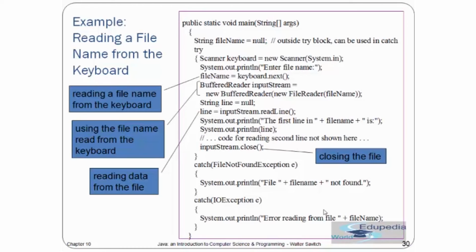Usually when we read a file, we do something with the data, but over here we are simply printing it in the console. Then you see the exception handling that we are doing over here: we are catching two types of exception. Although we have seen that FileNotFoundException is a type of IOException, if you want to explicitly catch FileNotFoundException, then you have to write its catch block before the catch block of IOException, so that you get to know that this is a FileNotFoundException and all other remaining ones are IOException.